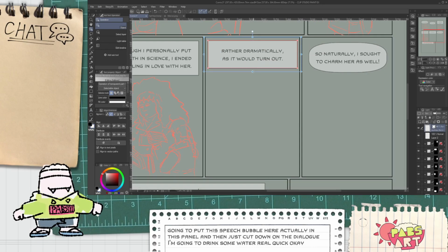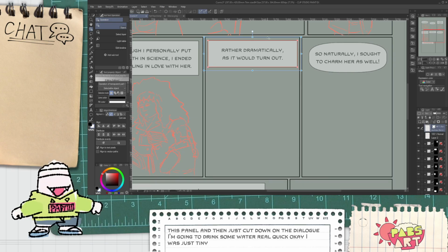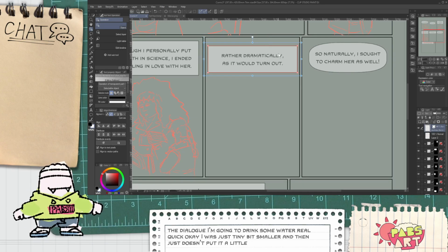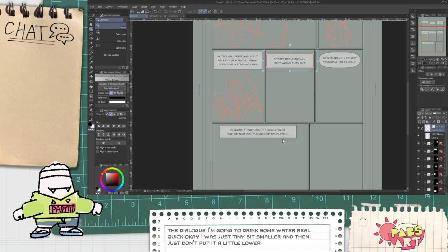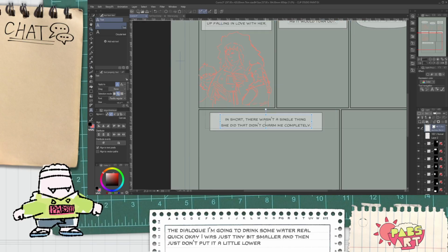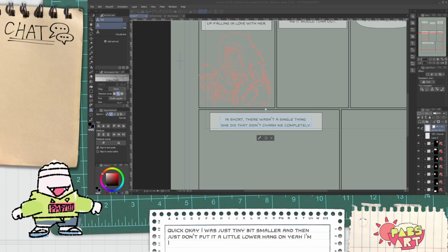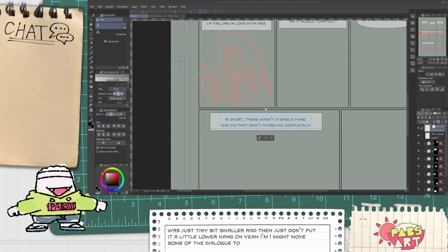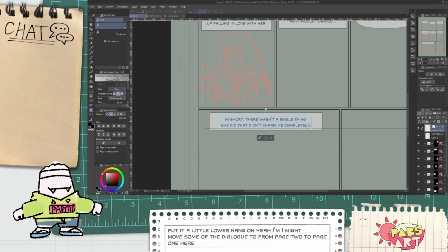Okay. Make this just a tiny bit smaller, and then just put it a little lower. Yeah, I might move some of the dialogue from page 2 to page 1 here.